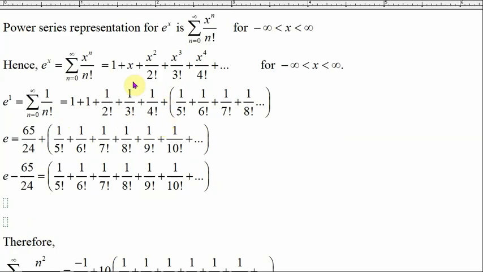These 5 terms right here give 65 over 24, and then here is the rest of the terms. So we get e minus 65 over 24 is equal to this.